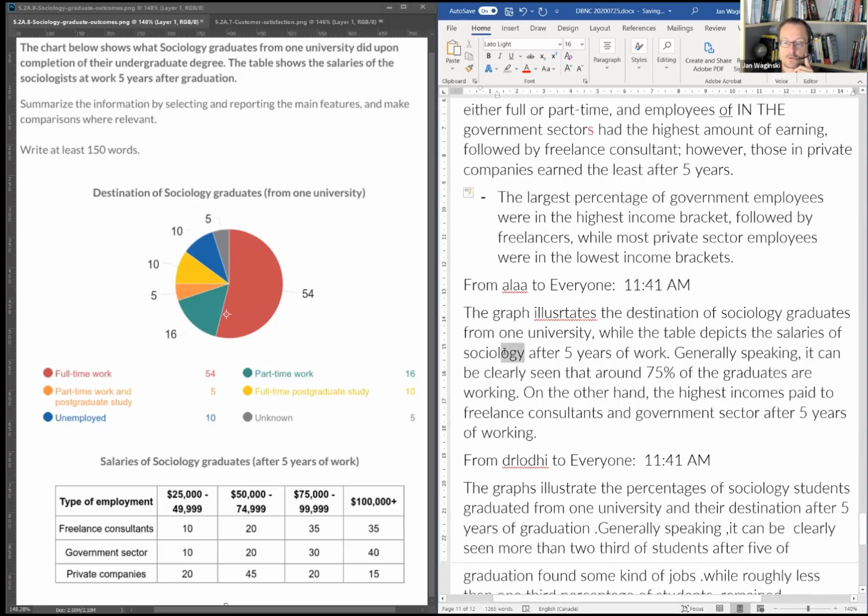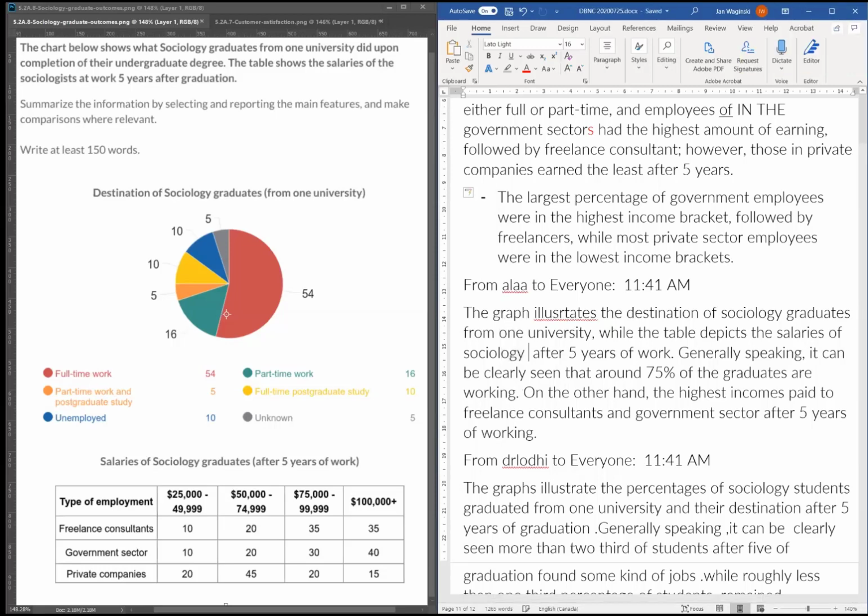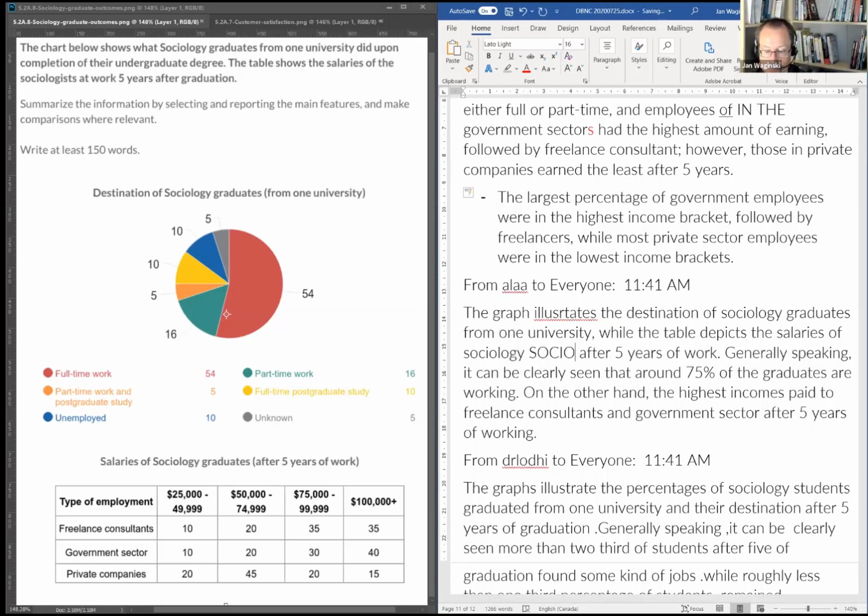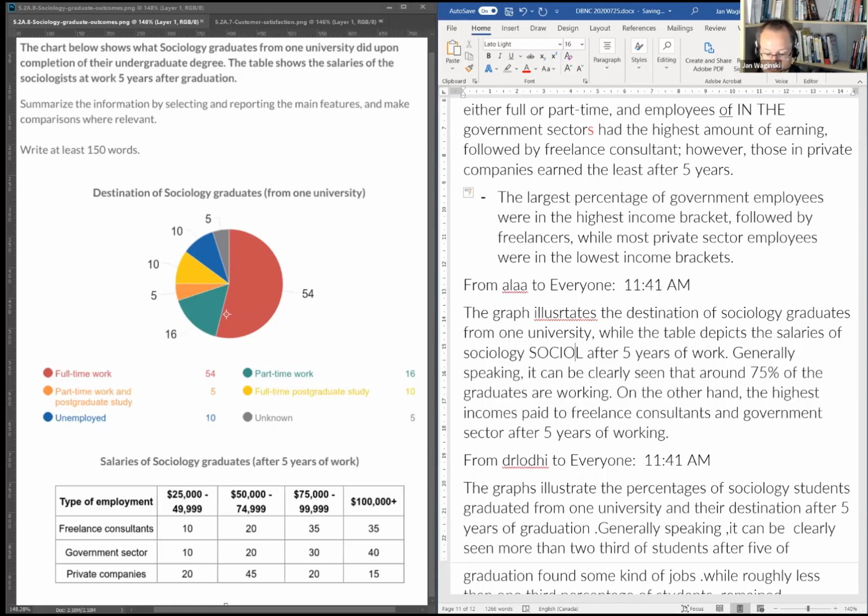What do you call people who major in sociology? Sociologist. That's it. It's got to be sociologists here, right? Sociologists are working. Let's say we're working.